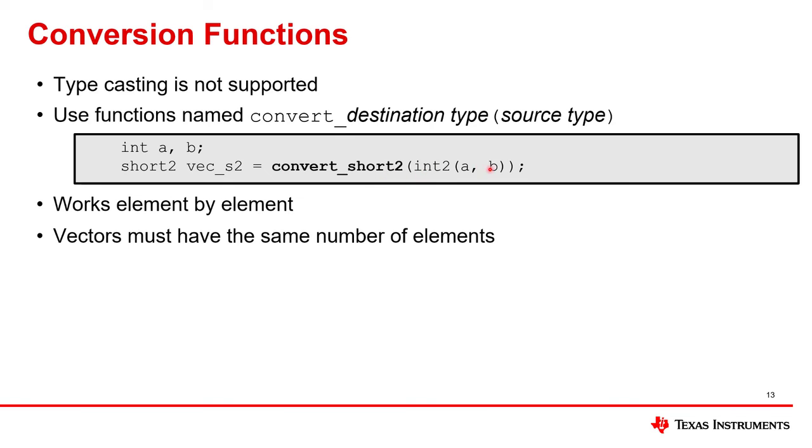We form up a vector of 2 integers, int2, and then we convert it to a short2, and that gets assigned to a short2 vector named vec s2. This works element by element. One constraint that has to be observed is that the vectors must have the same number of elements. If they don't, that gets rejected at compile time.